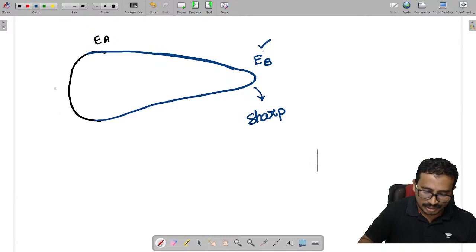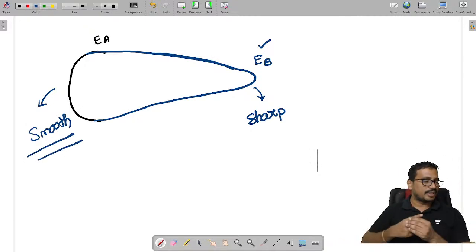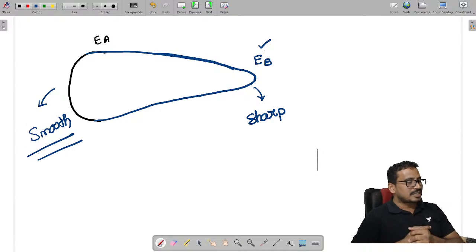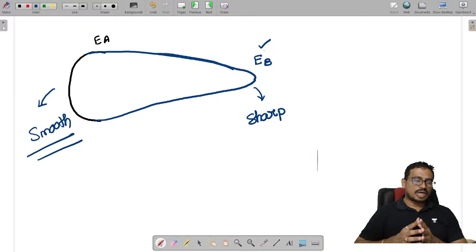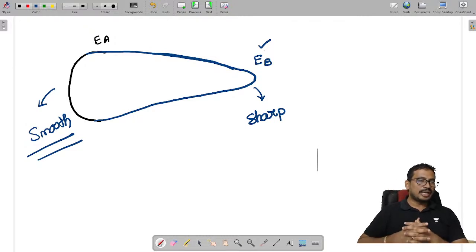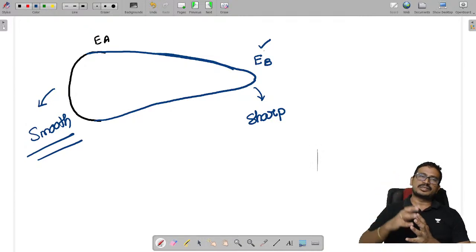Here we have a smooth location. So the electric field is high at the sharp location compared to the smooth location. As a result, the sharp location can ionize the air particles.